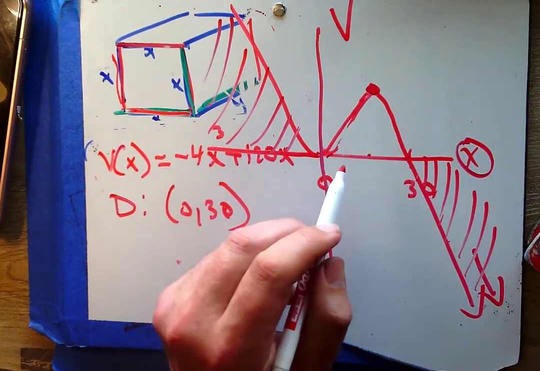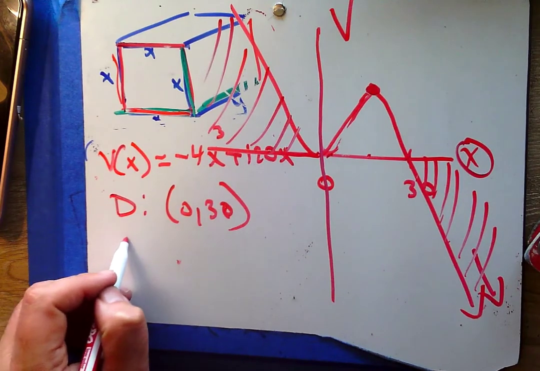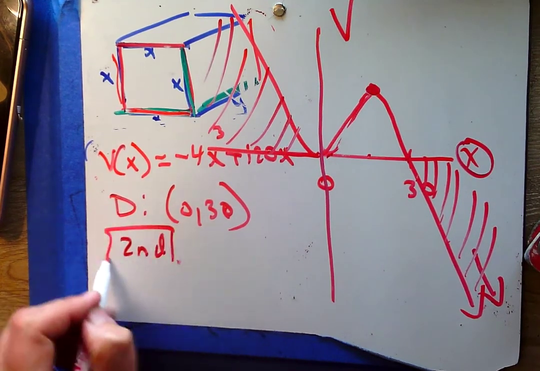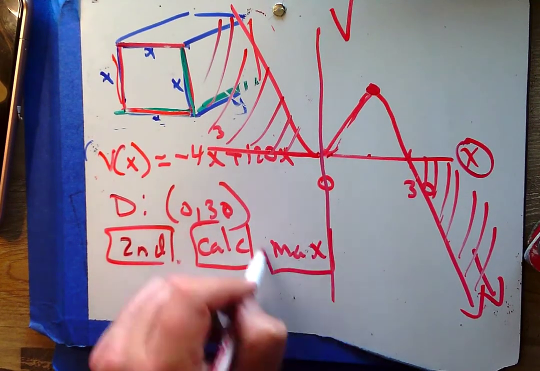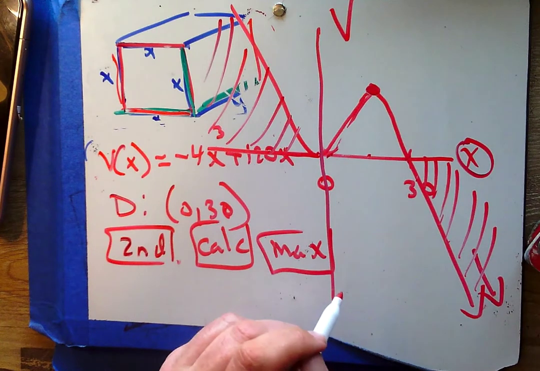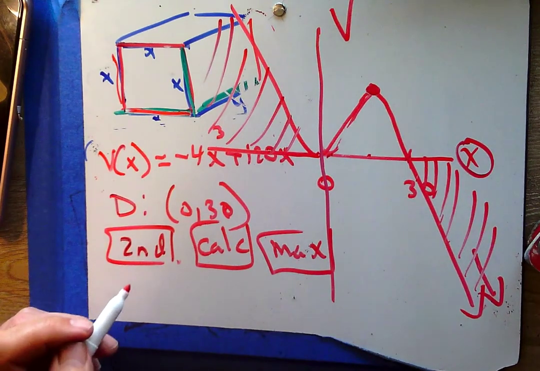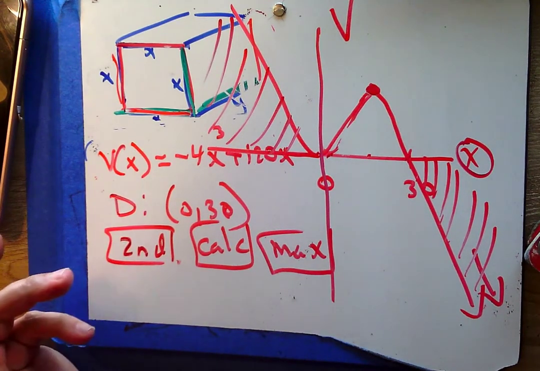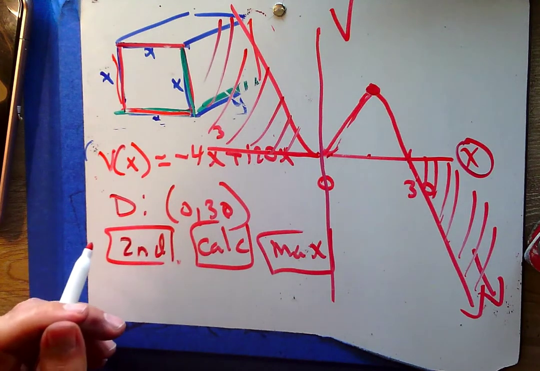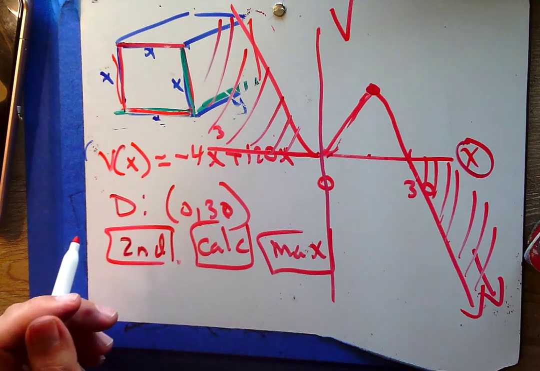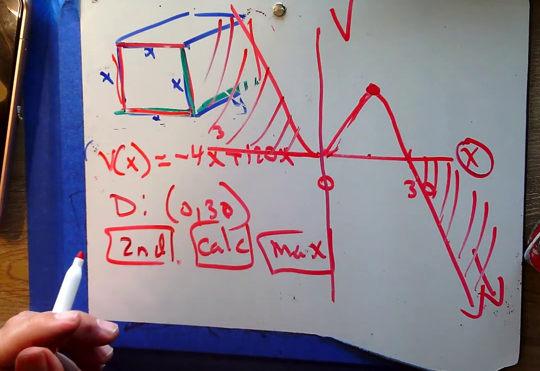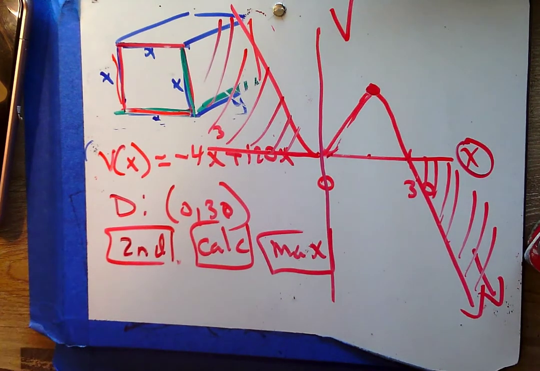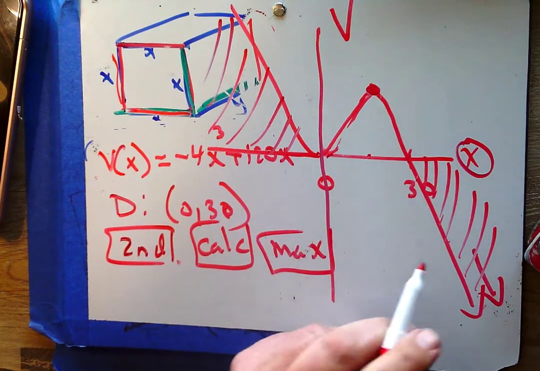Without calculus, we must take out our calculator and do second calculate maximum and go through that process again. I sure hope you haven't forgotten it since our graphing calculator lab. And if you have, maybe it's time to go back and watch that calculator lab video again from our graphing basics unit. I want to say that it was something like 7 in class. 7 in class is the calculator lab. So go watch that video again if you don't know how to find that max there.